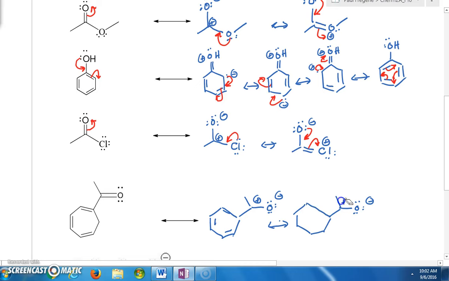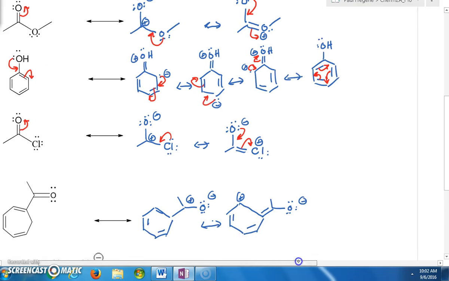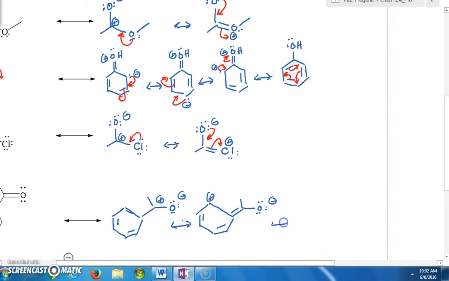Actually, this positive charge would have disappeared by now, because we now have a pi bond here. We have a positive charge like that. Then we can have another one.